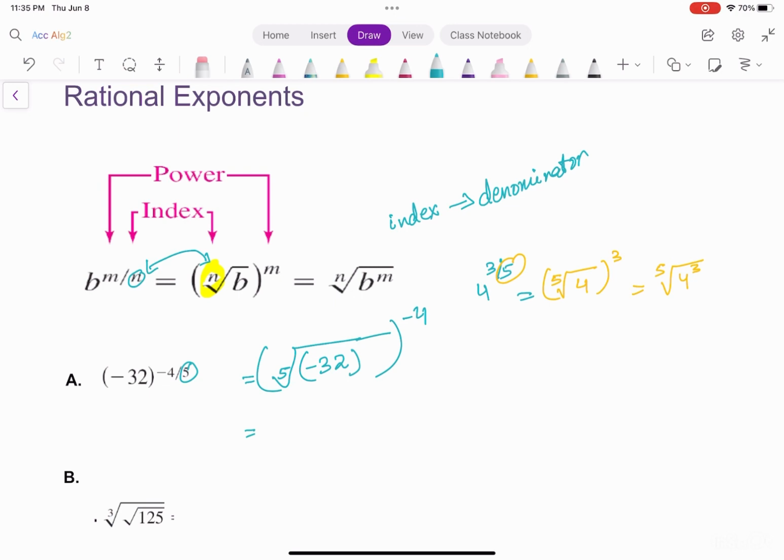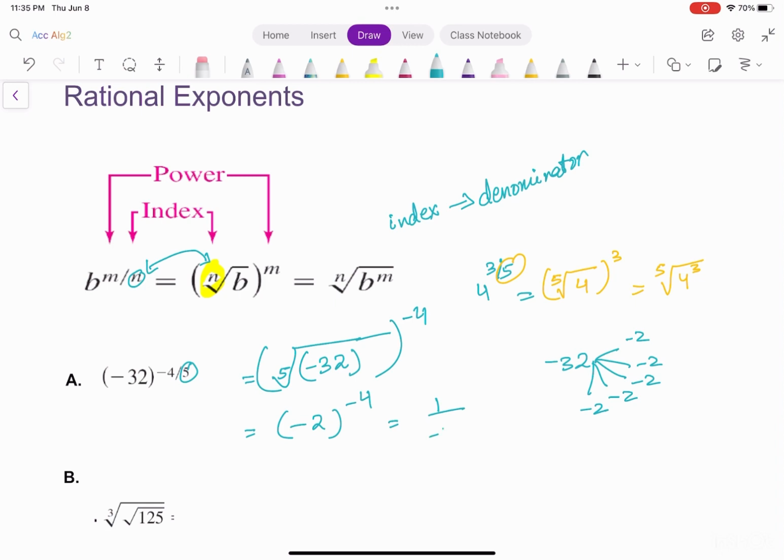So what are the factors of 32? So the factors of 32, we have 5 2's together. Negative 2, negative 2, negative 2, negative 2, and negative 2. And the index is 5. That means we are making a group of 5. So we are just left with negative 2. But the power is negative 4. Whenever we have the power as negative, it becomes a fraction.